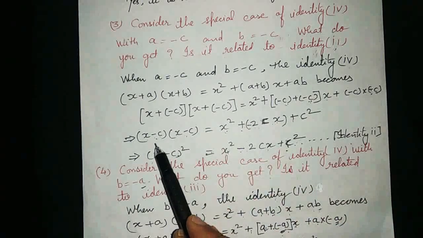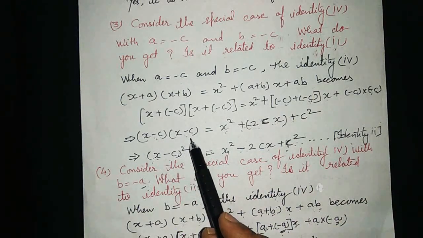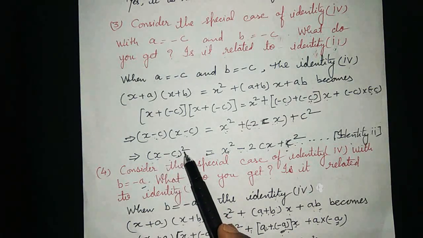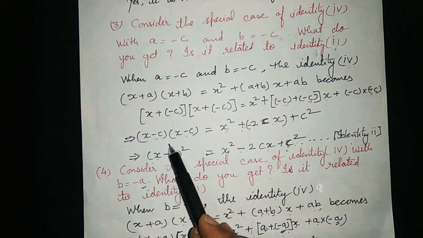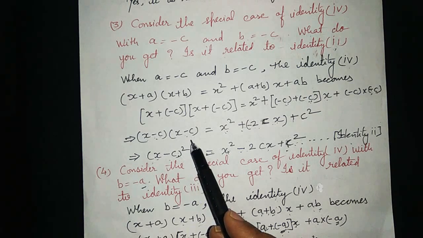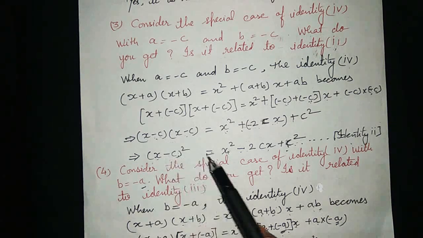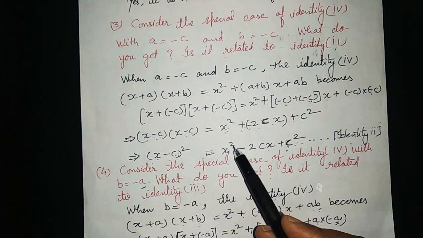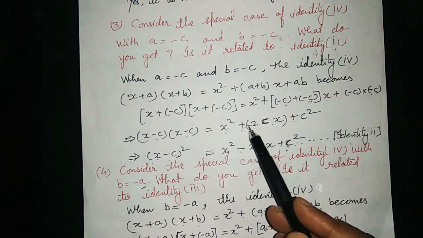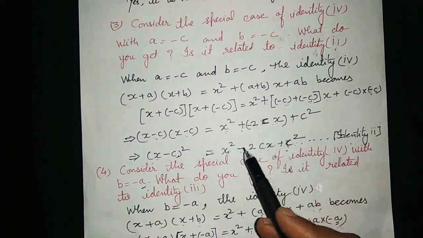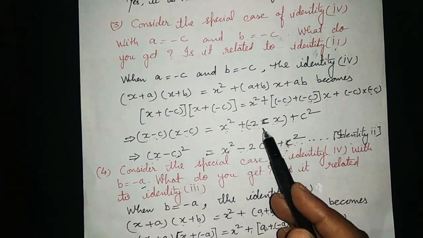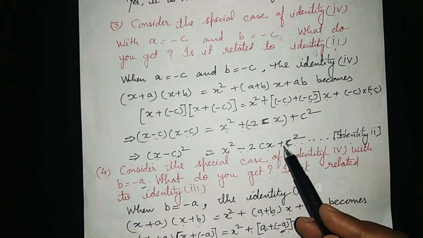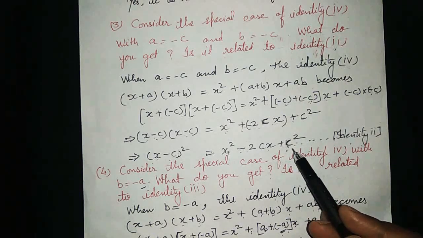Now for this x minus c into x minus c, we can write x minus c whole square because here x minus c is 2 times in multiplication. Now on the right hand side we will get here x square. This plus and minus we multiply, we get here minus 2cx and this plus c square.